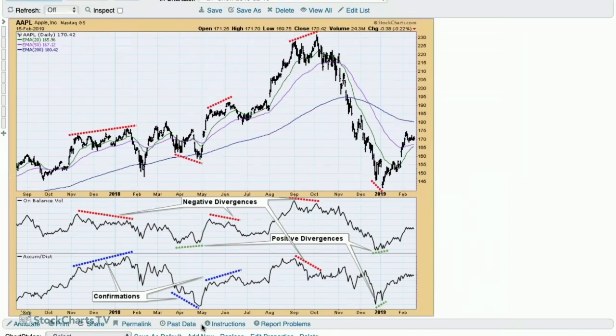This is not really helpful. Where we really want to find out, we want to see where the weakness is, or that there's something off kilter, and alert us. And you notice on balance volume on those three, they're only the confirmations. Right. We had a negative divergence.